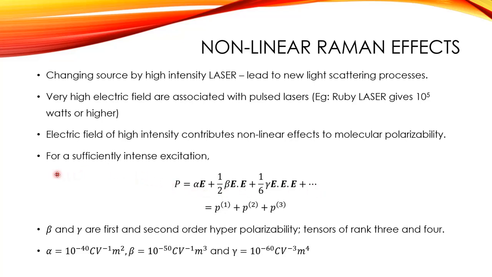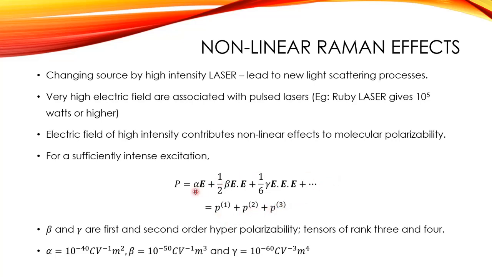Therefore, for a sufficiently intense excitation source, the polarizability of the molecule changes as P equals alpha E plus half beta E square plus 1 by 6 gamma E cube, etc., denoted by the polarizability of first order, second order, and third order.